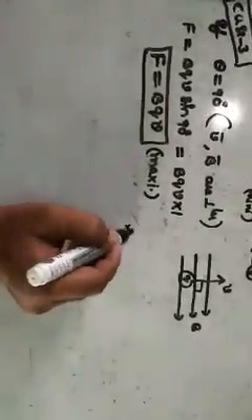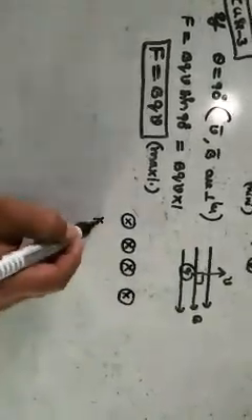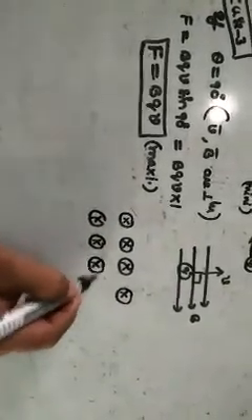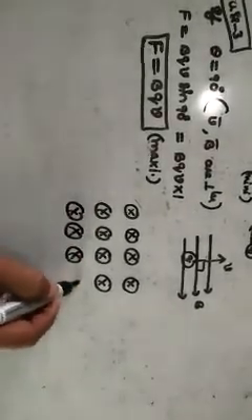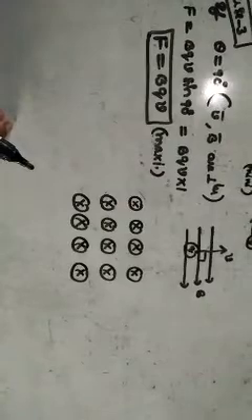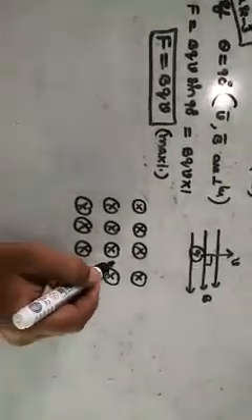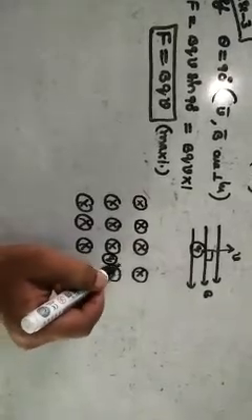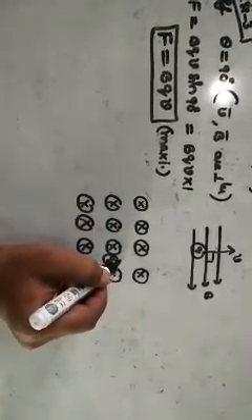There is a magnetic field inside, like this. You can take outside magnetic field also. This is the inside magnetic field. A charged particle is moving like this. Here is a charged particle Q, moving with velocity v along the tangent.